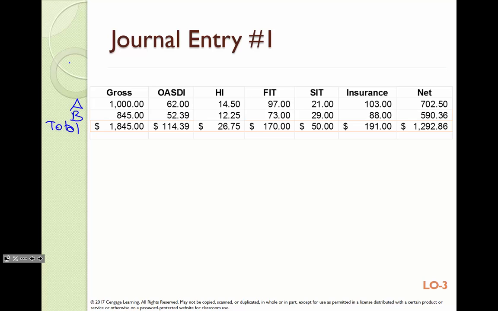How many credits do you have? I think so. 6. 1 debit, 6 credits. You wouldn't combine them.